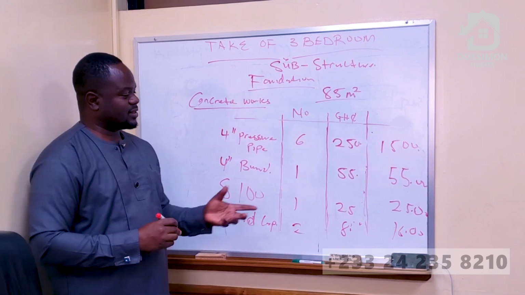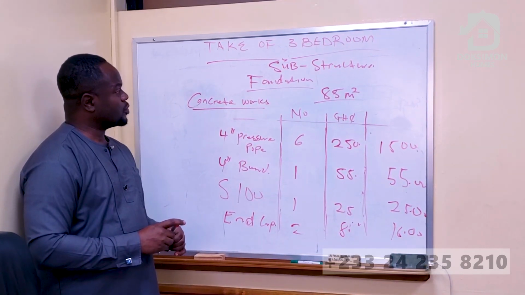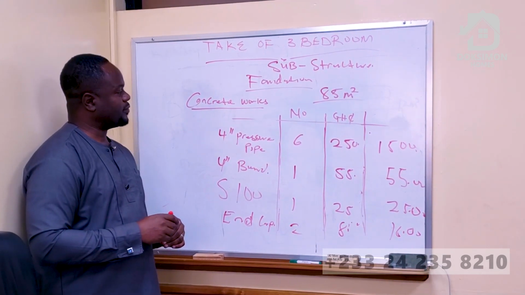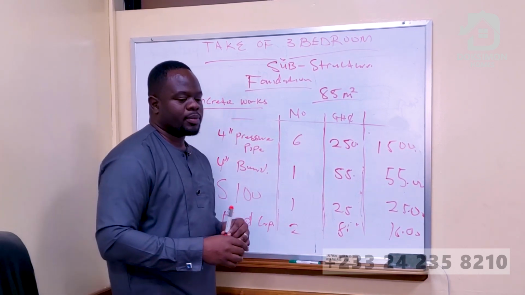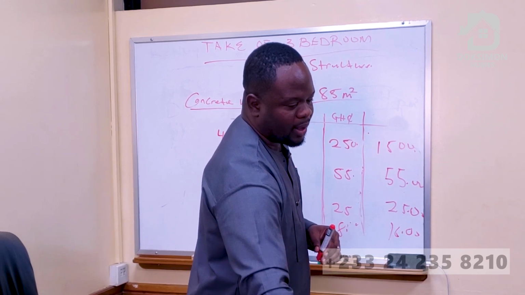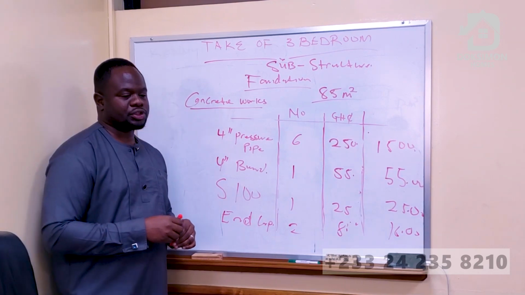My brothers and sisters, I think we've come far. So far, we've been able to understand what goes into the foundation. We have the iron rods, we have the block work, we've spoken about the plumbing works, and we've also spoken about the concrete that is casted within the foundation.